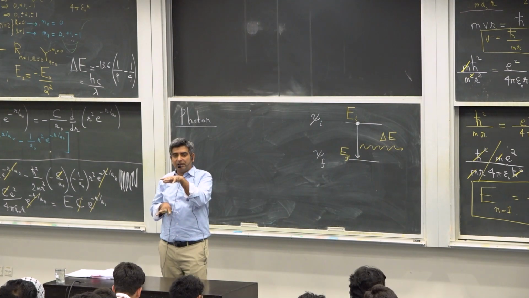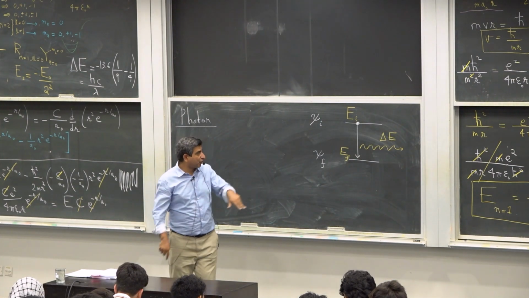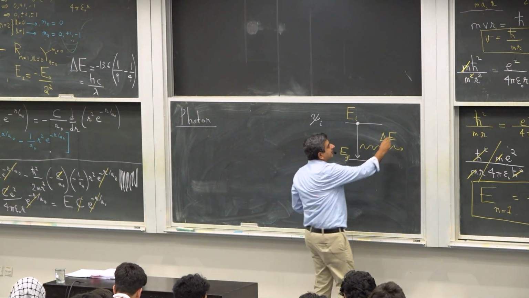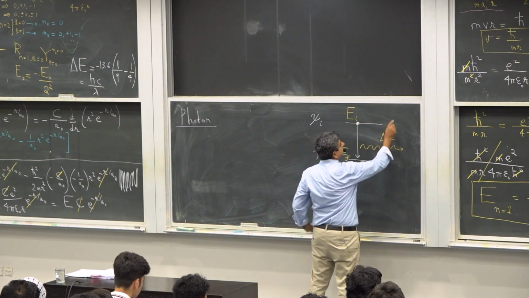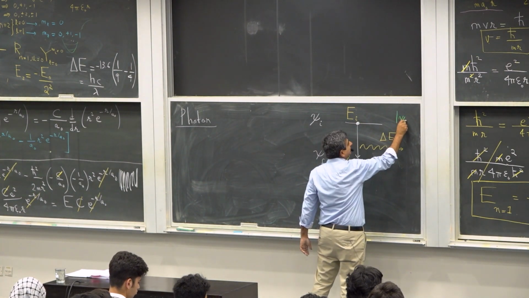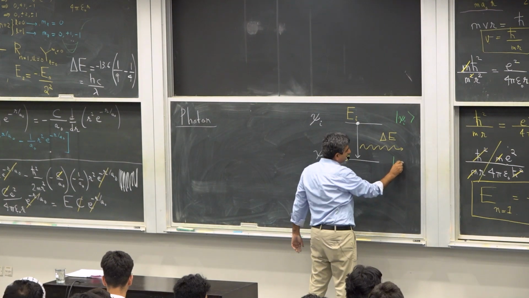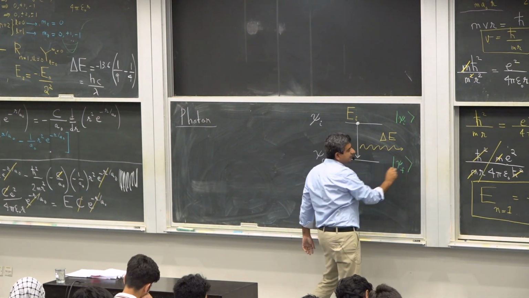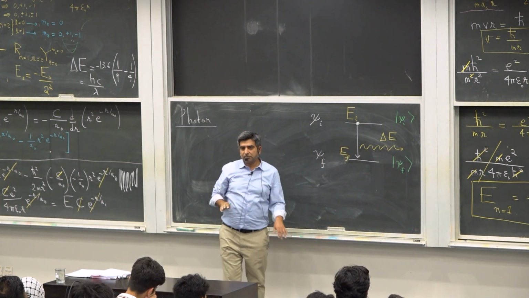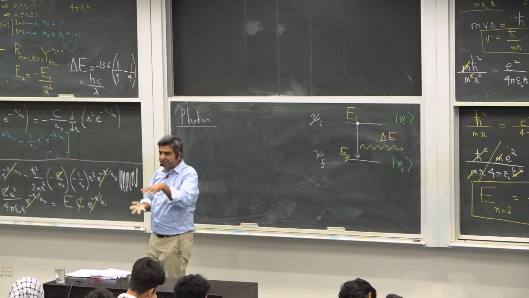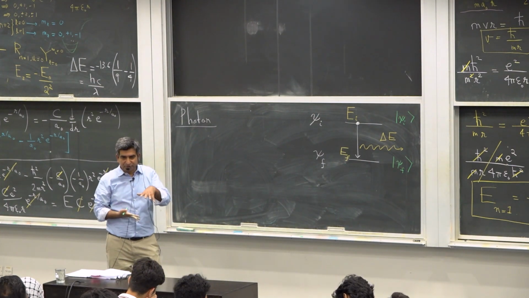Now quantum states can have superpositions corresponding to these energy levels. There is a quantum state psi i, and there is a quantum state corresponding to this wave function, which is psi f. So these wave functions can also be expressed in terms of a superposition.